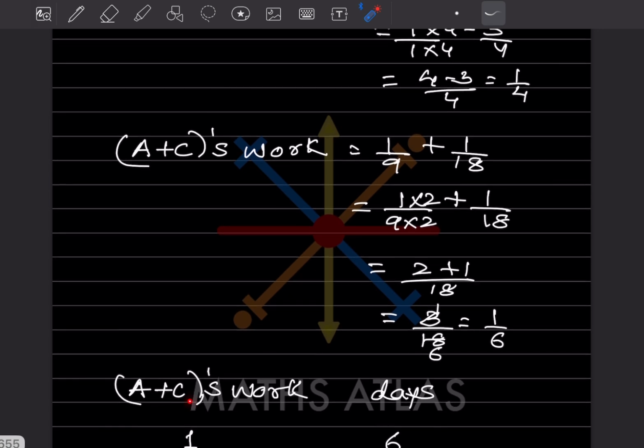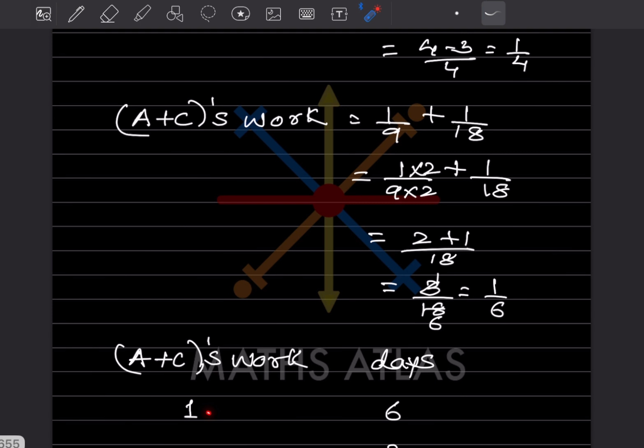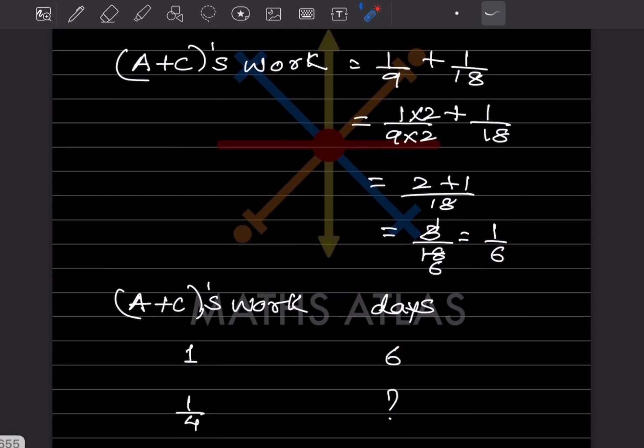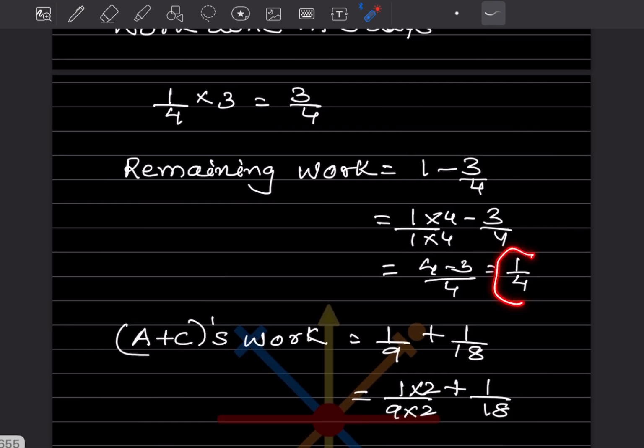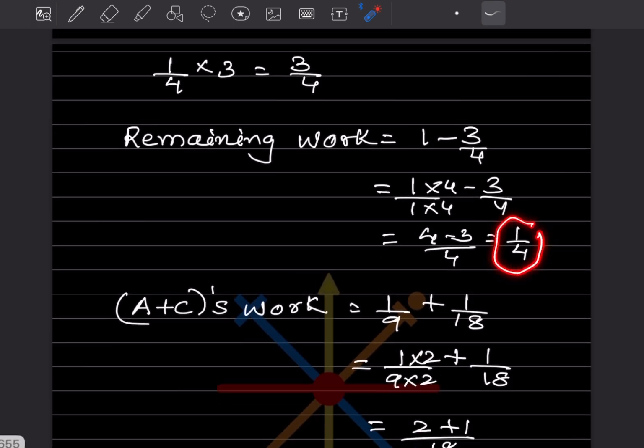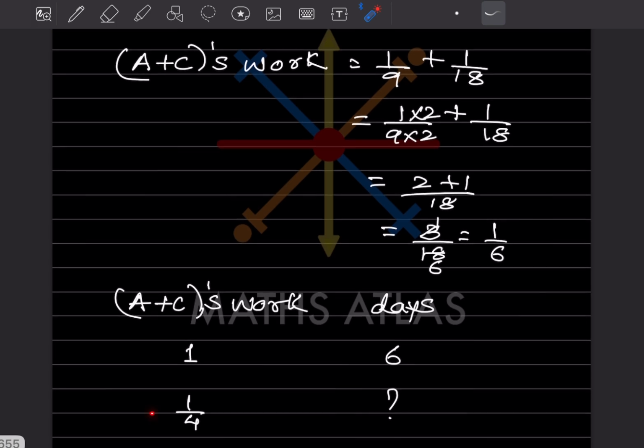Now we can see A plus C's work and the number of days. So in 1 day, this is 1 by 6. We want this remaining work we have seen, that is 1 by 4. This is the important step. So for 1 by 4, how many days we have to see.